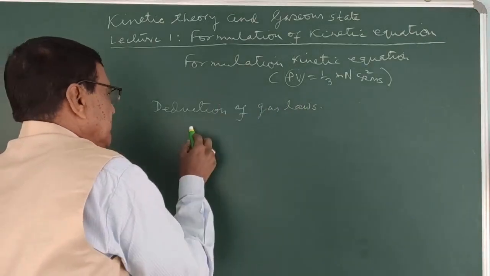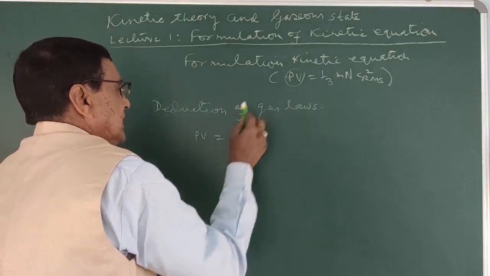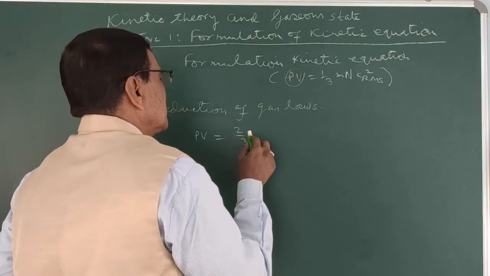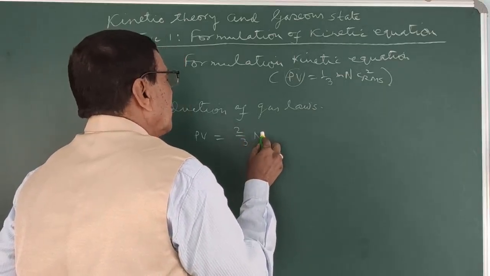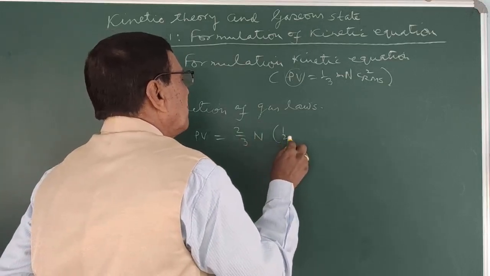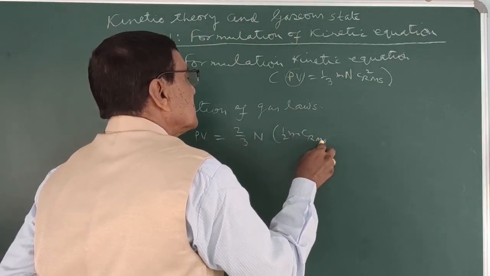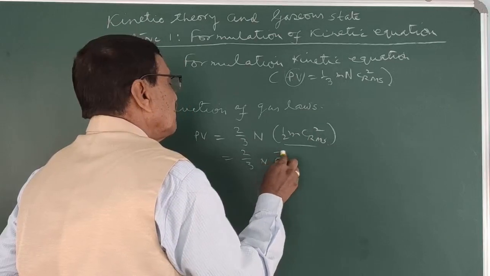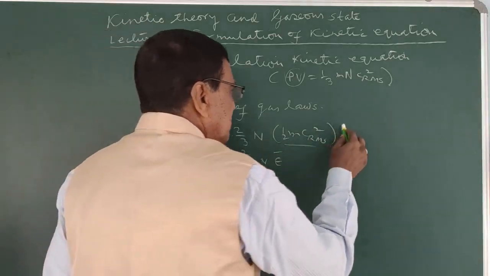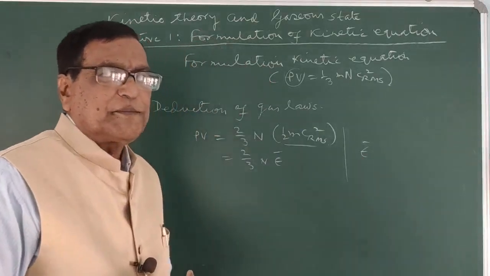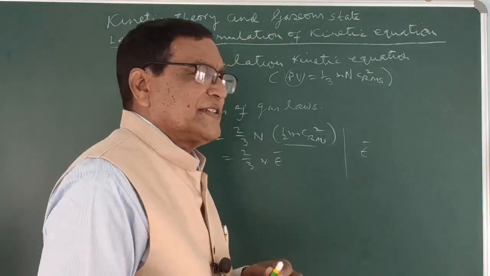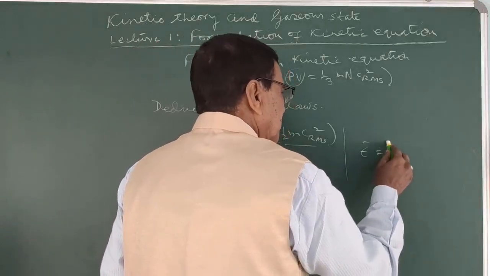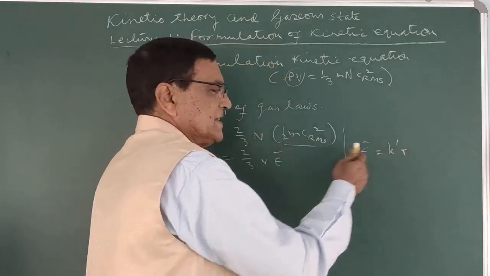say PV equal to 2 by 3 N into half m c RMS square, so 2 by 3 into N epsilon bar. And epsilon bar, in my postulate number 7, I have already said that epsilon bar is proportional to T, or equal to K dash T. K dash is some constant.